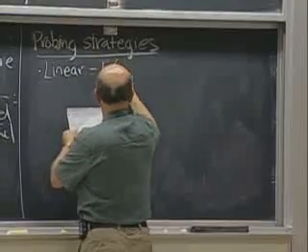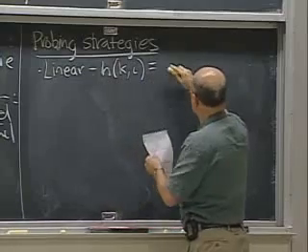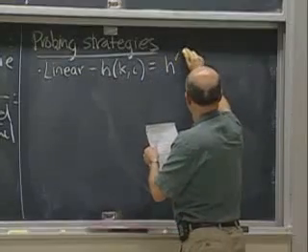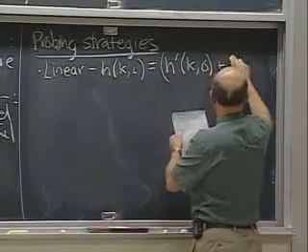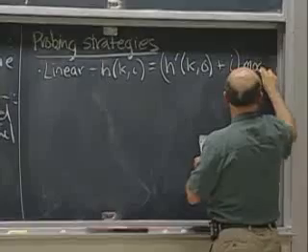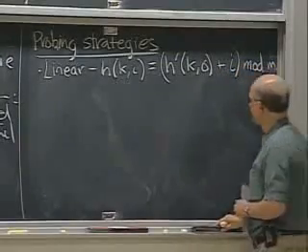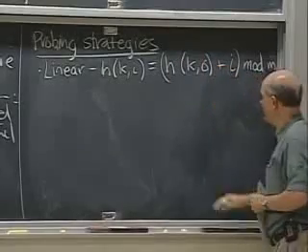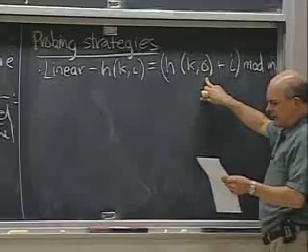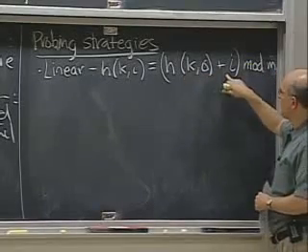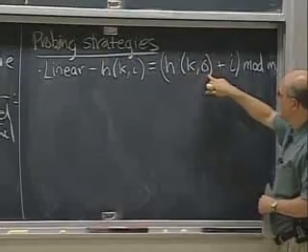And what you do there is you have h of k comma i. You just make that be h of k comma 0 plus i mod m. So the idea here is that on the 0th probe, you look at h of k, 0.